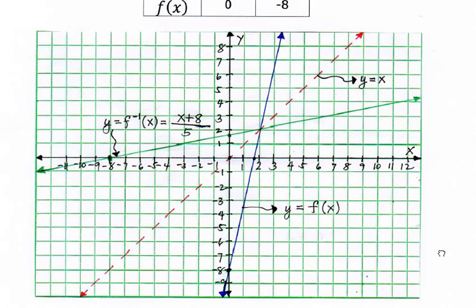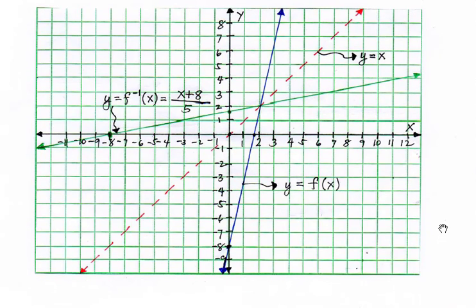In this graph, I reflected also the original function aside from the given function, f inverse of x. The green line reflects the given function, and the blue line is actually the original function. Here, I just wrote y equals f of x because I wasn't able to get the inverse of this function, but for sure it's still a linear function.